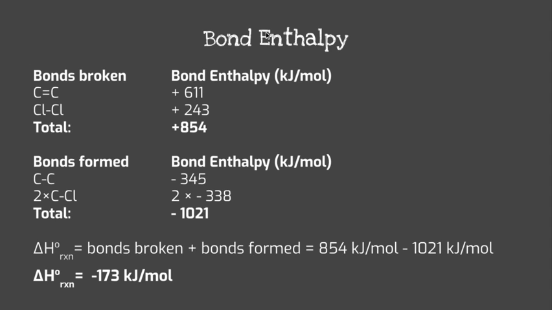As I have said, C double bond C became C single bond C, and this is their bond enthalpy, and there are two C single bond Cl bonds that have been formed, and this is the bond enthalpy. Since there are two, we need to multiply it by 2 and then take the total.